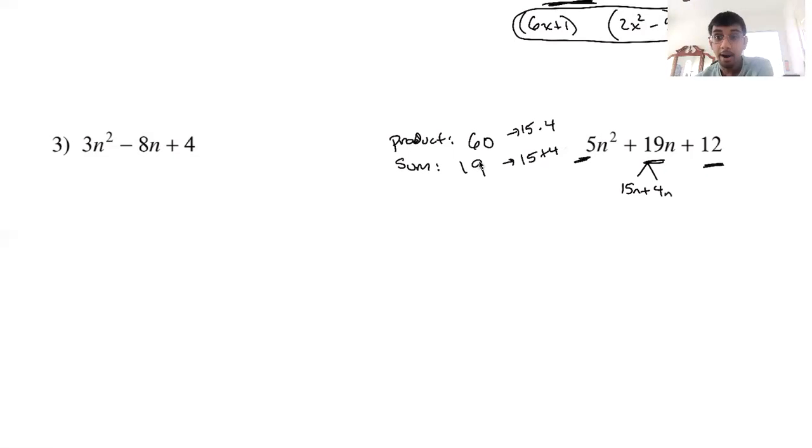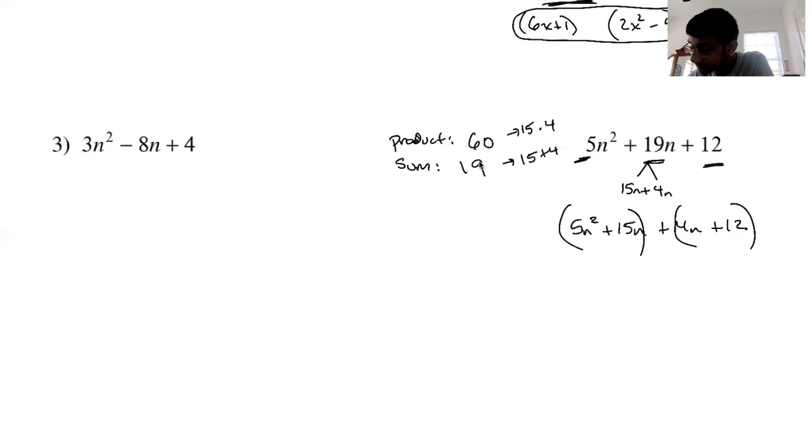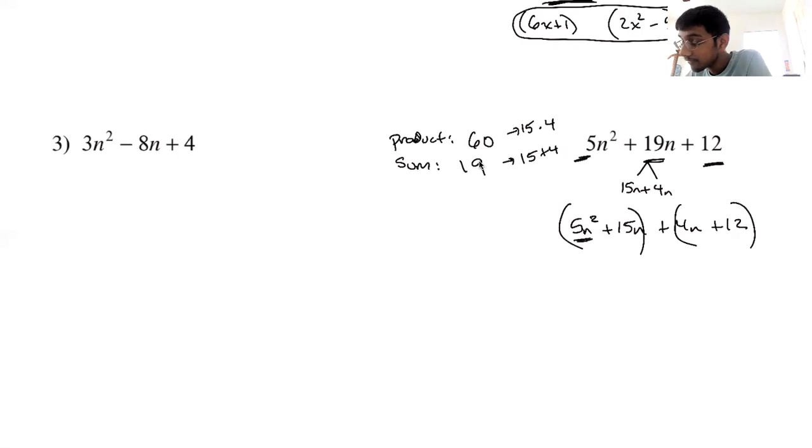And now we're going to do our factoring by grouping, right? Because now we've formed 4 terms in total. We have 5n squared plus 15n plus 4n plus 12. Okay, so now let's split this up into 2 halves. So we have this and we have this, as you can see. So now we have to think, what is the greatest common factor between 5n squared and 15n?